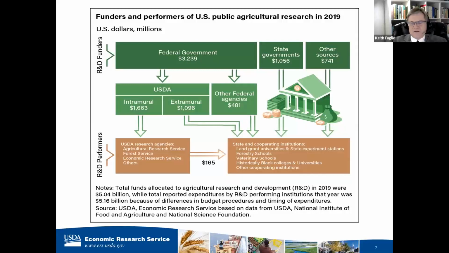The state governments contribute another big share of that, and non-government sources or other sources, that includes private sector funding for public research, both the nonprofit foundations as well as businesses contracting some research at universities. But a big share of it too is that universities raise some money for research, say through technology fees or patent licenses and so forth. So that's also a contributing factor here. So the federal government spends about, in 2019, about $3.2 billion on agricultural research.